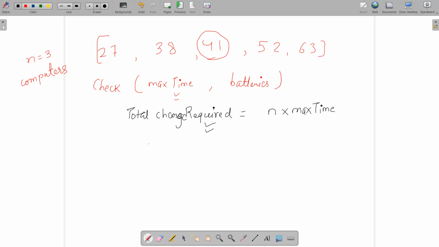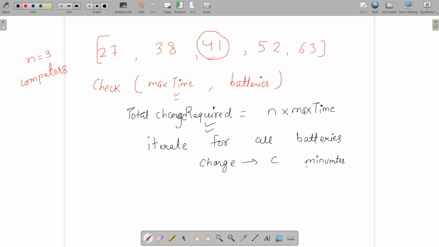So we iterate over all the batteries, and suppose the charge given by the current battery is for C minutes.